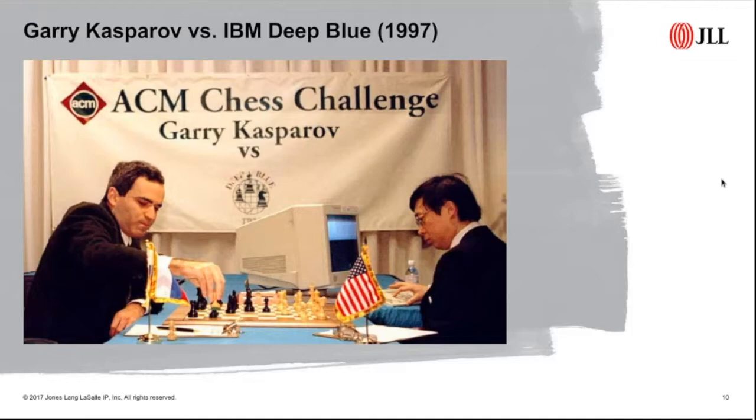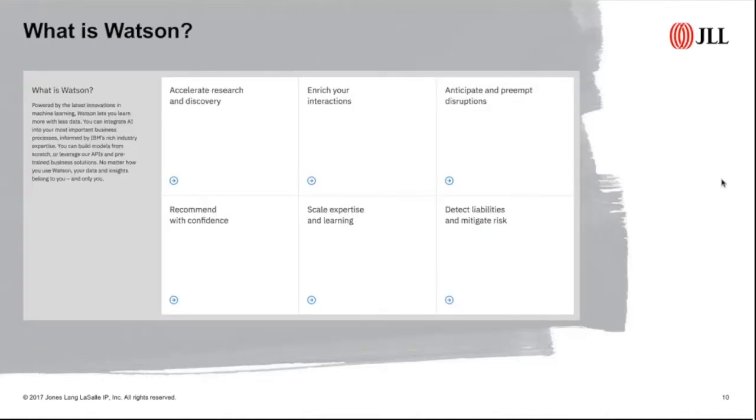They played 6 games, and Deep Blue won 5 of them. That was the first time that IBM really started showing this movement towards intelligent systems and AI. So IBM's investment in this technology is very, very deep, and it's been culminating to what we have today. That doesn't really answer the question, however, what is Watson?